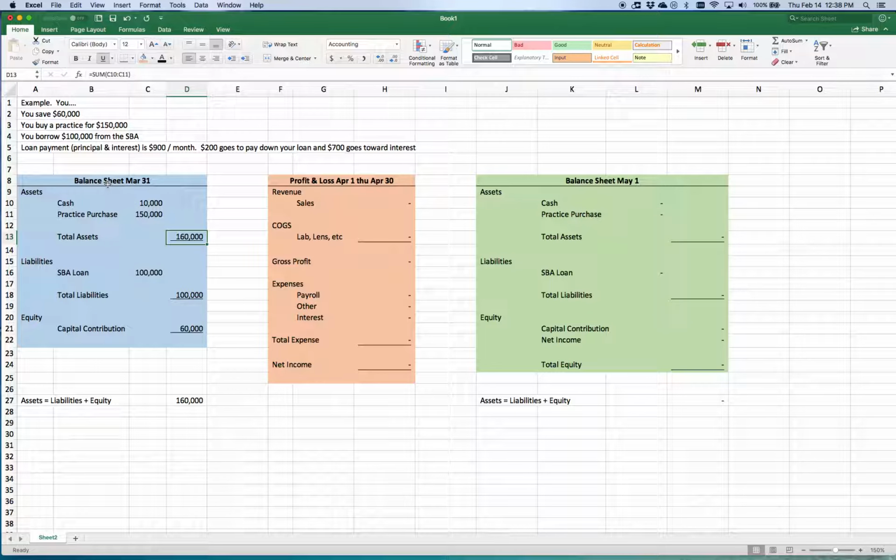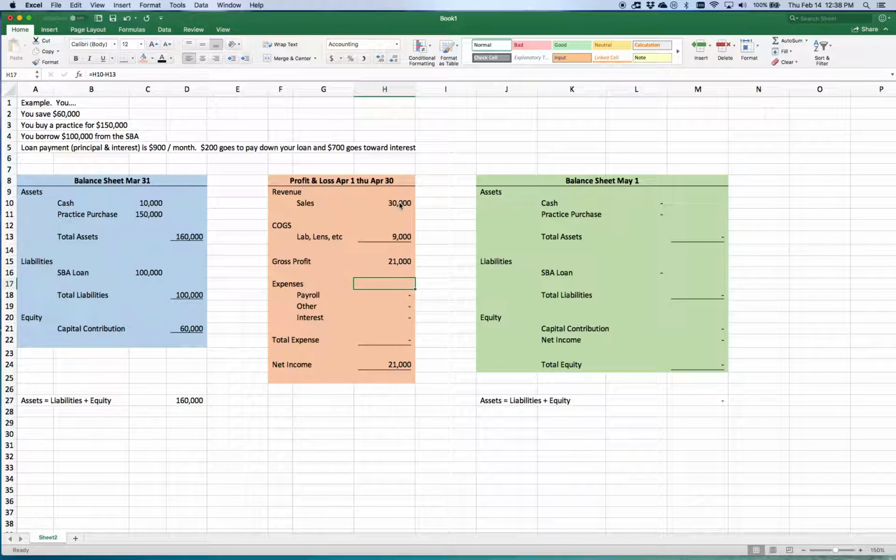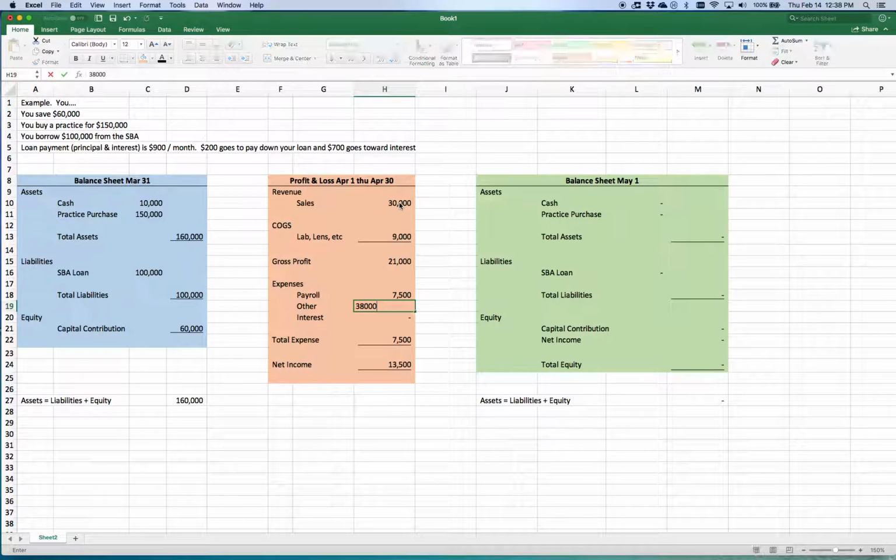So let's just say this all occurred on March 31st. Now, for the month of April, let's assume that you did $30,000 in revenue for that month. Let's say you had $9,000 of expenses for your cost of goods sold. That leaves you a $21,000 gross profit. Your payroll, let's say, is $7,500, and let's say other expenses, whatever they may be, are $3,800.